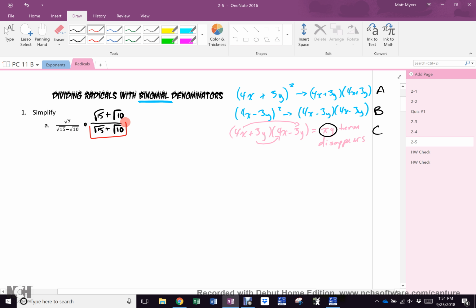And this, ladies and gentlemen, is called the conjugate. The conjugate is the binomial with the opposite sign.